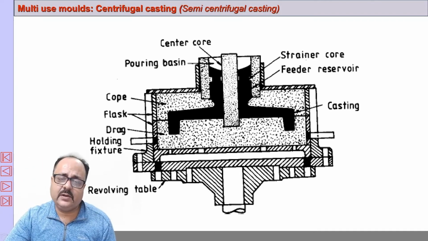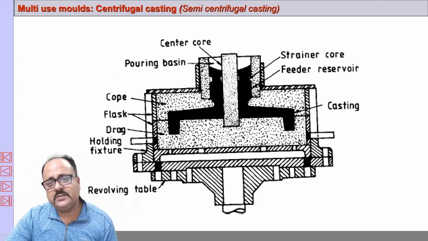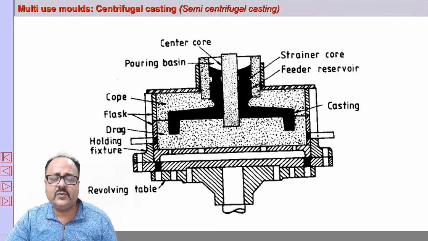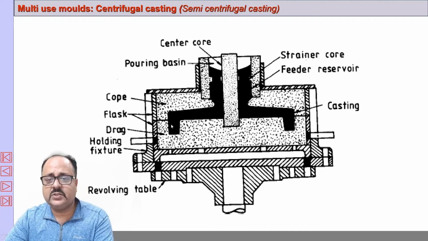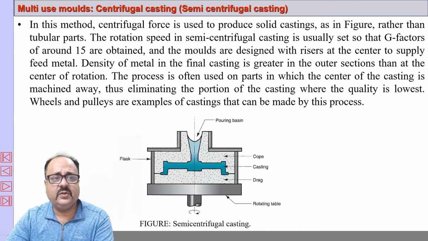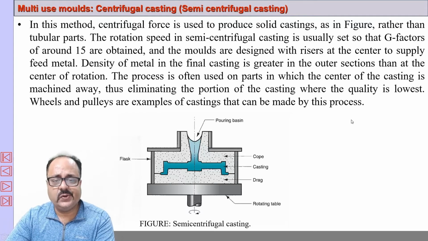The mold is made of sand. So here the centrifugal force is only used to distribute the molten metal to various corners of the mold cavity. So this is semi-centrifugal casting.